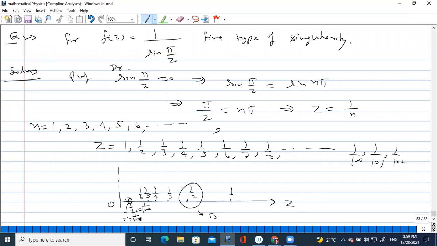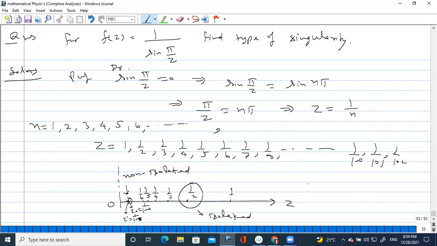So this is the isolated one, and here nearby 0, these are non-isolated. So we will not give the answer as isolated or that. We will say that this contains non-isolated singularity.